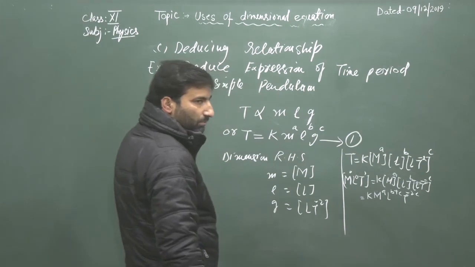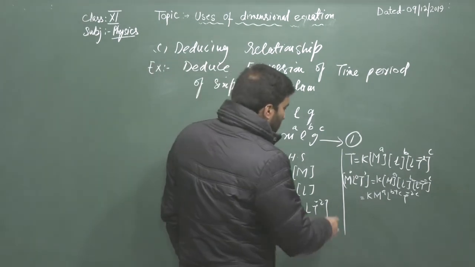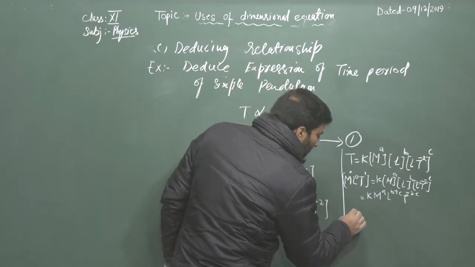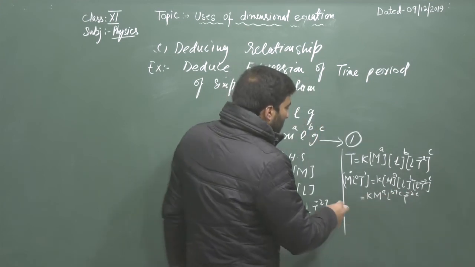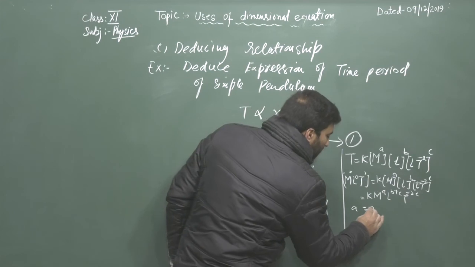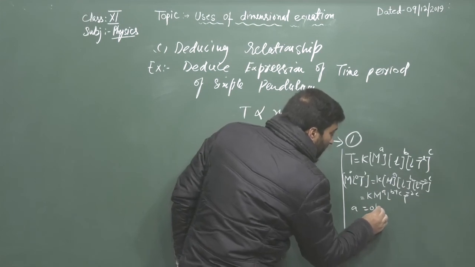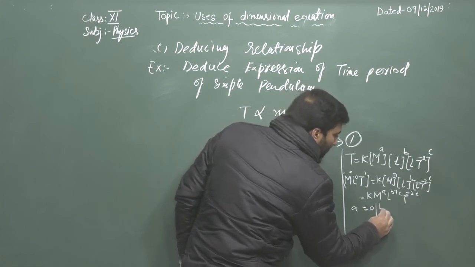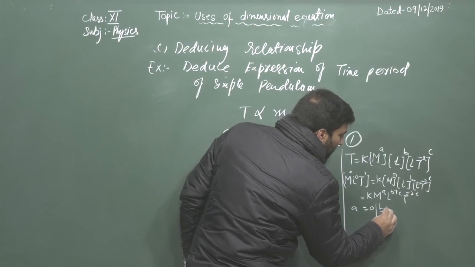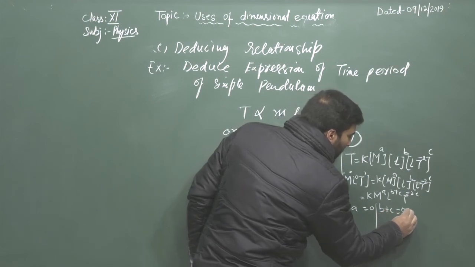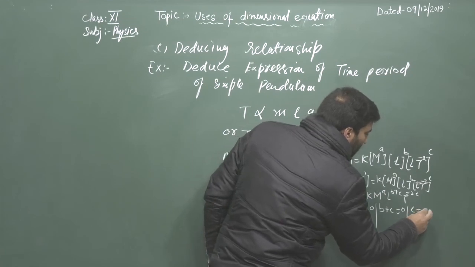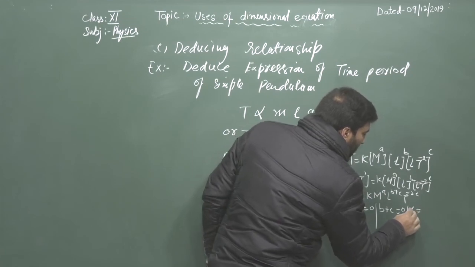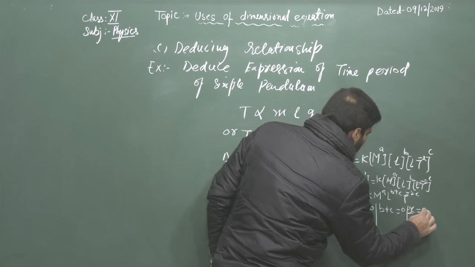So while using the principle of homogeneity, we can equate the powers on both sides. We have a is equal to 0, b plus c is equal to 0, and minus 2c is equal to 1.